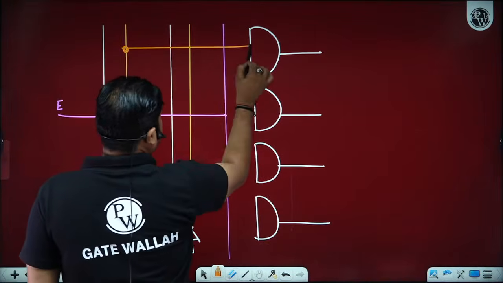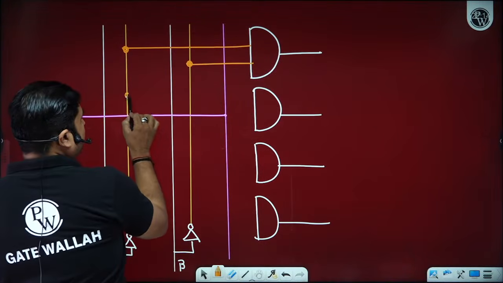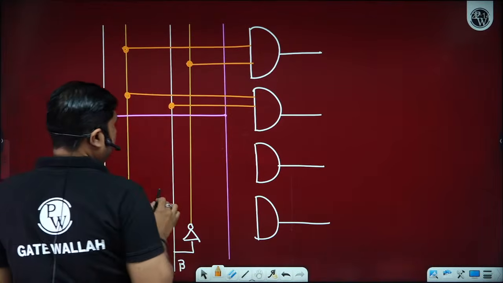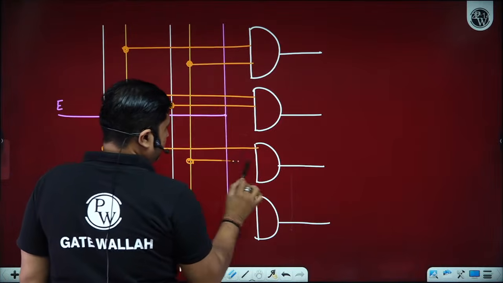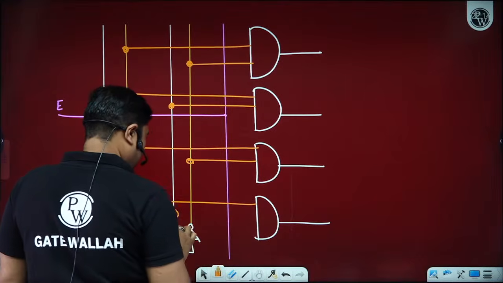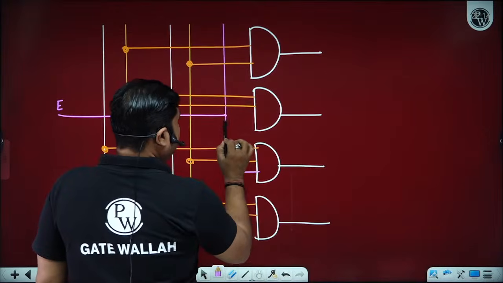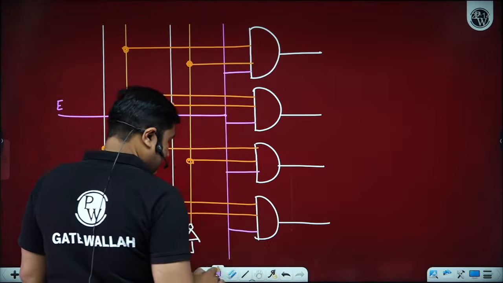We have A bar, B bar enable; A bar, B enable; A, B bar enable; A, B enable. So how many of you are able to understand this perfectly?